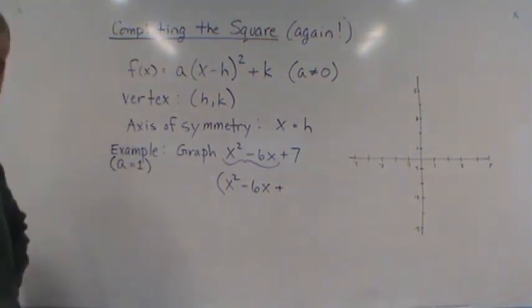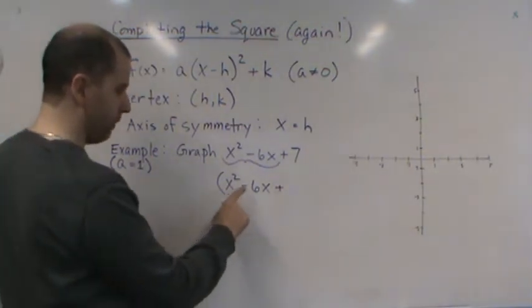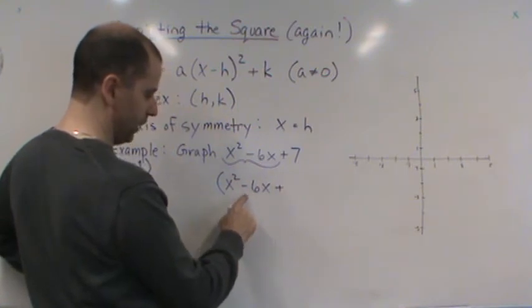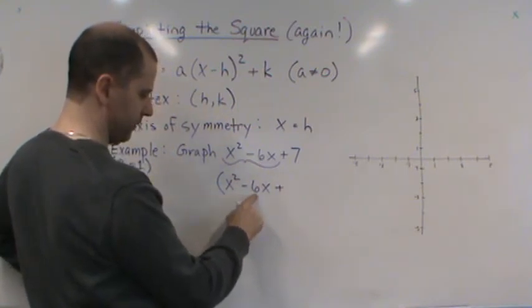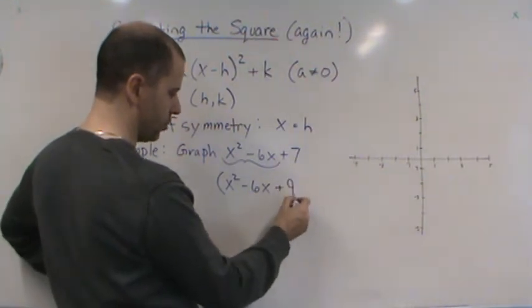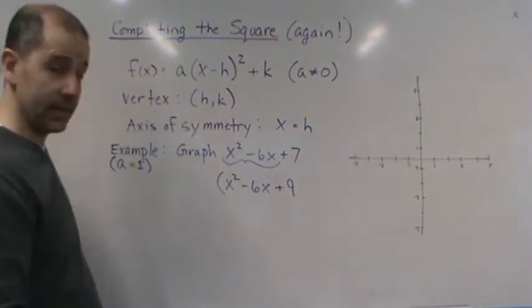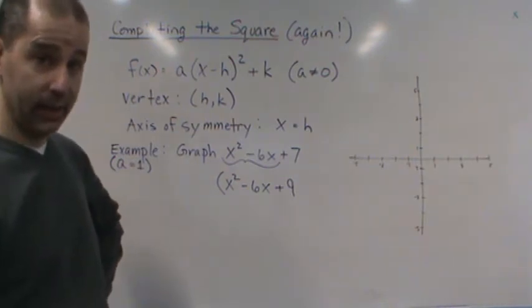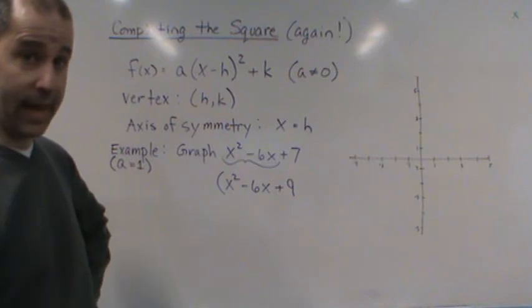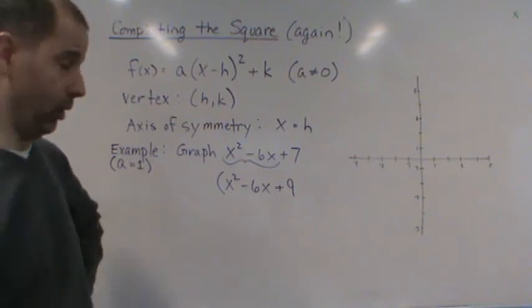What do I have to add? Remember the method: I divide this by 2 and square it. Negative 6 divided by 2 is negative 3. Negative 3 squared is 9. So I'm going to add 9. But if I add 9, then I also have to subtract 9 so that the net effect is 0.